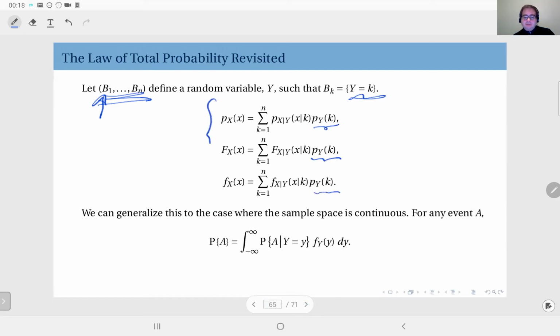Okay, so this is much more useful in case you cannot write the distribution of a random variable directly, but it's easier to write it when you condition it on some other random variable. Okay, so this is how you can relate the distributions and then derive one in terms of the other.